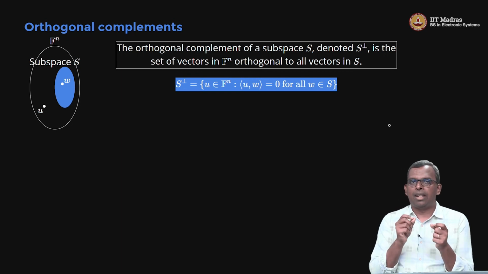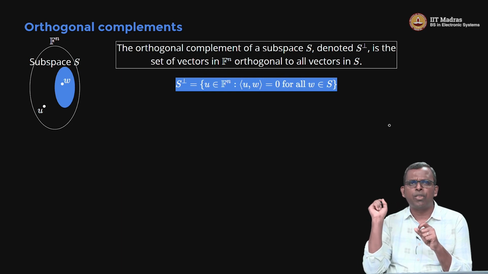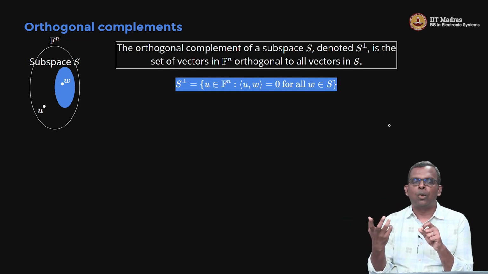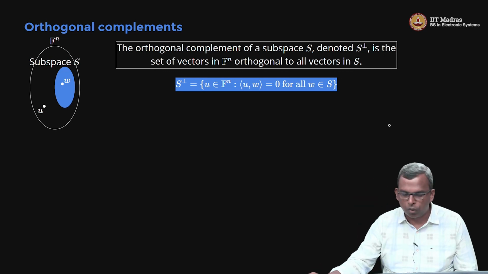You saw one thing that was very crucial in the least square solution: the special vector v minus w star, which ended up being orthogonal to every vector in the subspace. We are going to use that idea and define this notion of an orthogonal complement. So, that is where it comes from.